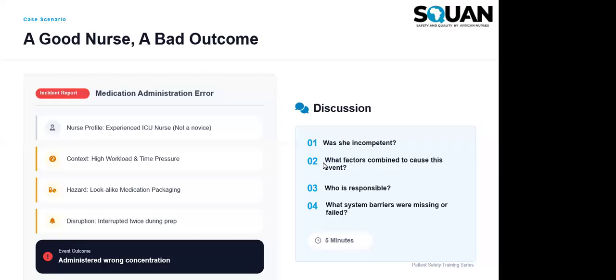Because if you think about this scenario, if we replace Amaka in this story with another nurse who had 20 years of experience, who was probably the best nurse in nursing school or the best nurse in the unit, under exactly the same conditions, the likelihood that this same error will happen again is there, right? Because the risk was already built into the system, based on what I've explained already.